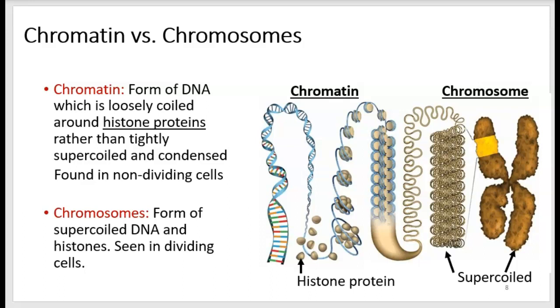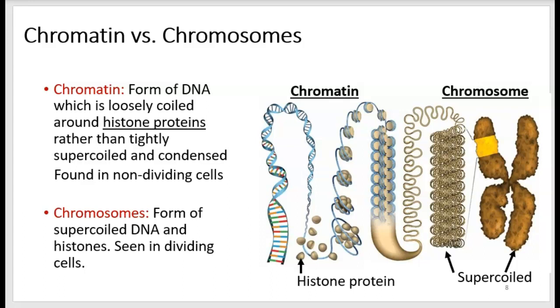But in a non-dividing cell, the DNA within the chromosomes is loosely coiled around these histone proteins. The chromosomes appear thread-like, and they're not supercoiled, so they're not visible under the microscope. This form of DNA in non-dividing cells is called chromatin.